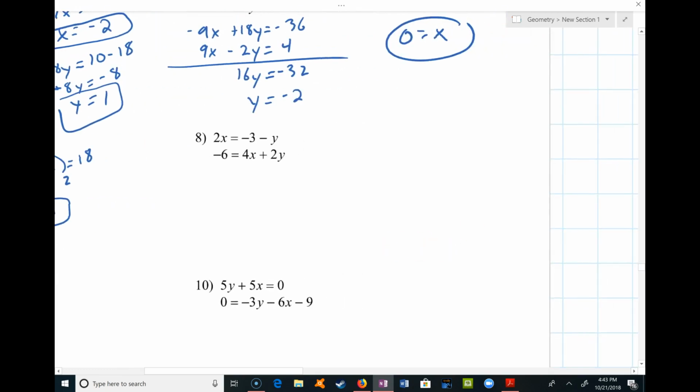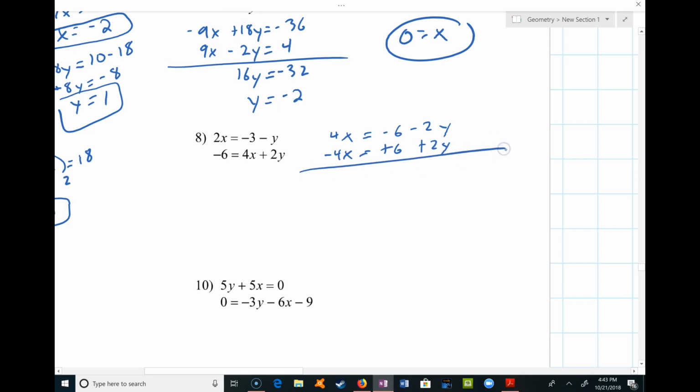If I multiply the top one by 2, that would be 4x is equal to -6 minus 2y. And the bottom one, I'm going to move the 4x over. So subtract 4x from both sides, that'd be -4x. Move the 6 over, that'd be +6. And leave the 2y alone.